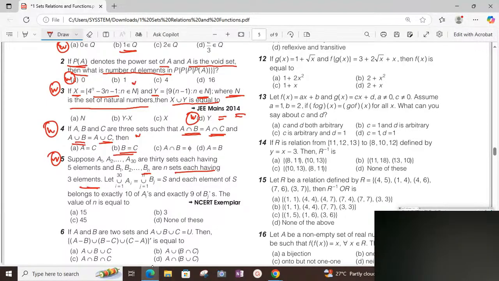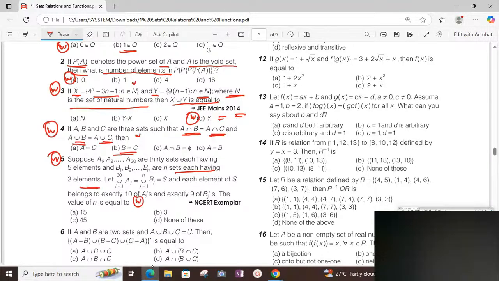The union of Ai from 1 to 30 equals the union of Bj from 1 to n, equal to S, and each element of S belongs to exactly 10 of the A's and exactly 9 of the B's. The value of n is equal to?